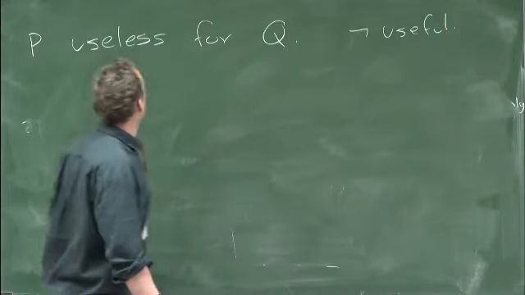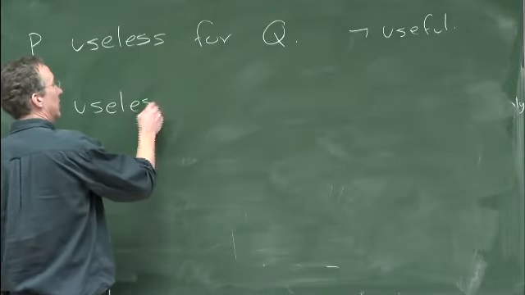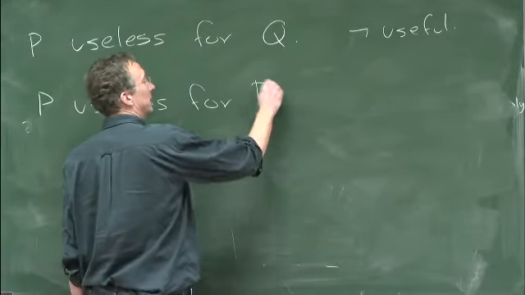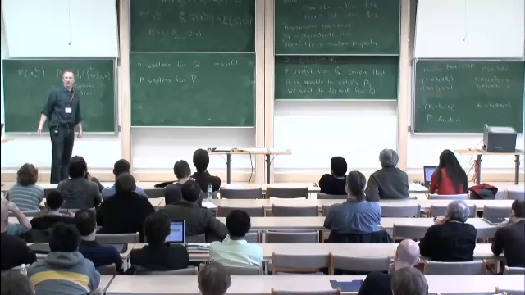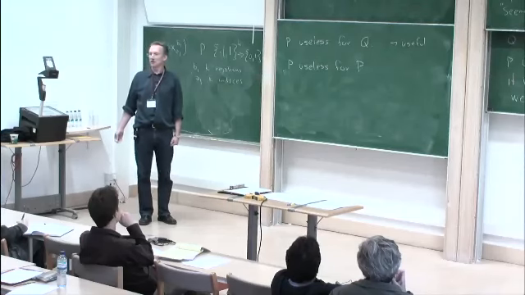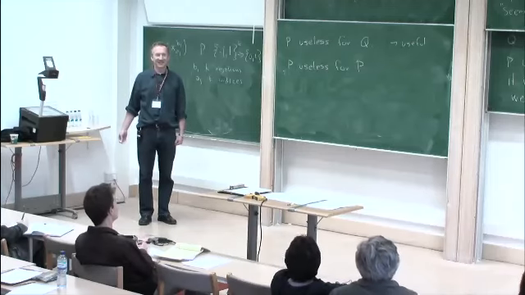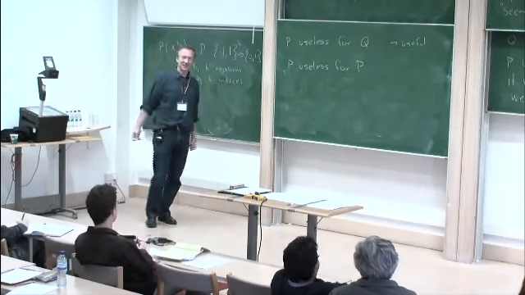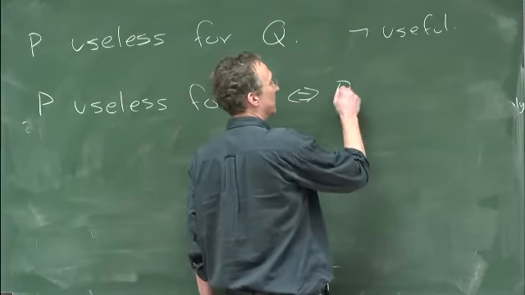As Madhu pointed out, I can always use any predicate that takes just values 0, 1 for Q. So if I say that P is useless for P, it's approximation resistant. This is what I said a minute ago. So this is P approximation resistant, right?